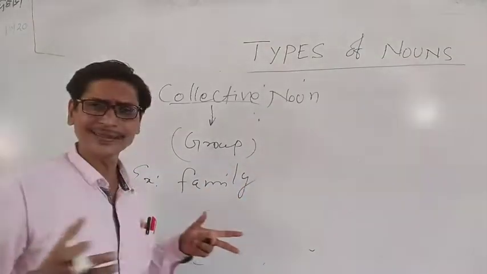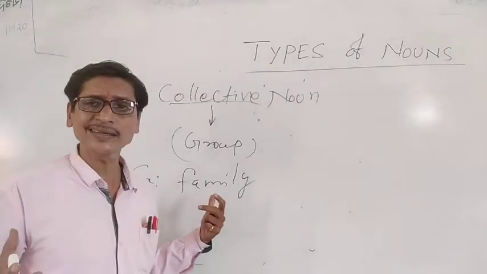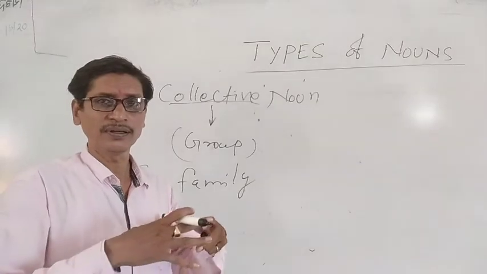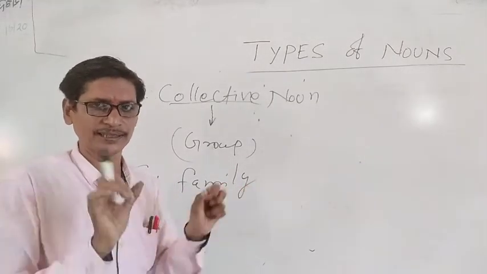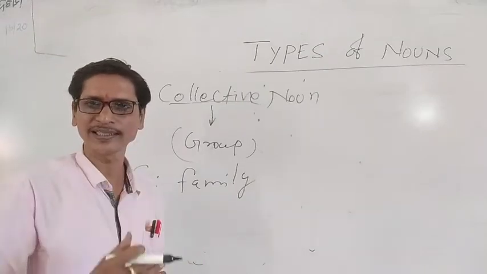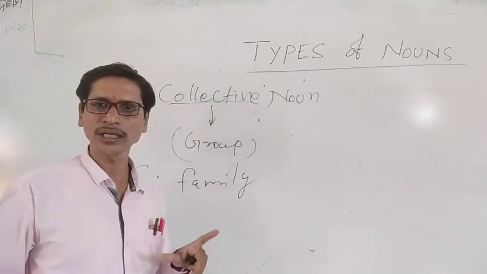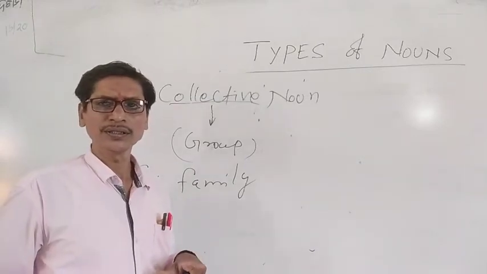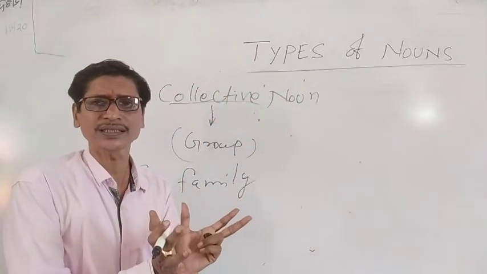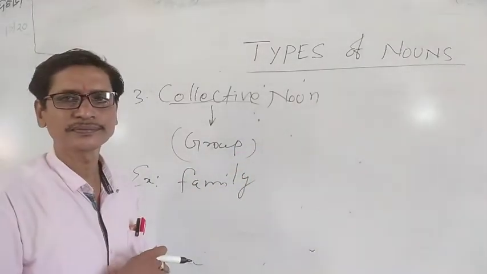Family is a noun, but it is the collection of different personalities. For example, father, mother, grandfather, grandmother, brother, sister, son, daughter. So it takes everyone under its collection and gives a name, family.